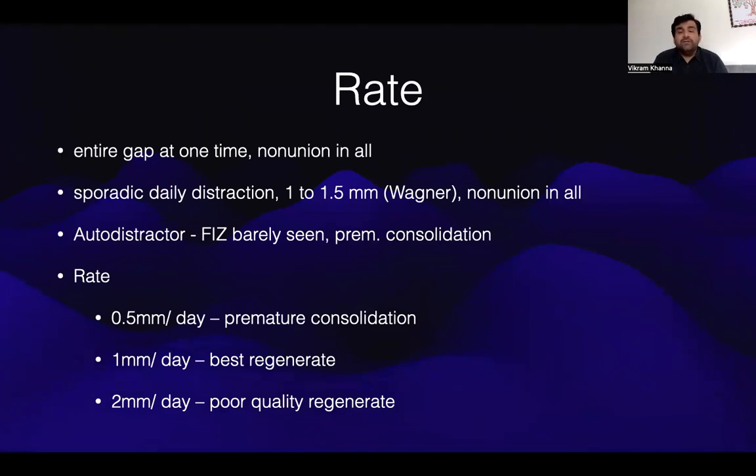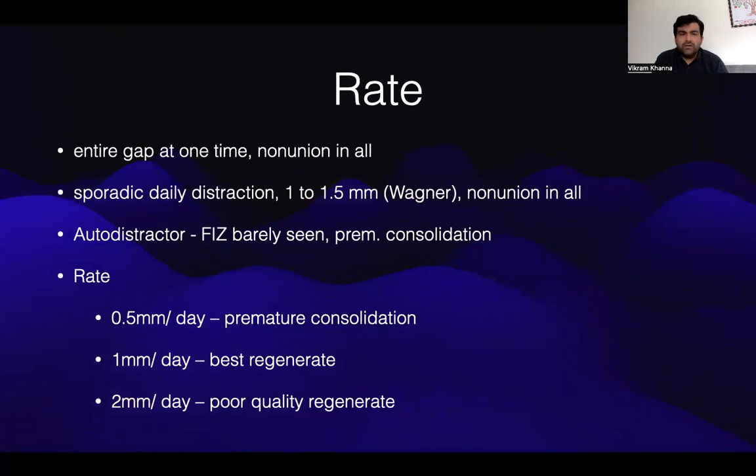So the rate of distraction, there were multiple studies in which the first study was when the entire gap was distracted in one go. It showed non-union in all cases. Then sporadic distraction of 1 to 1.5 mm was non-union in all cases.